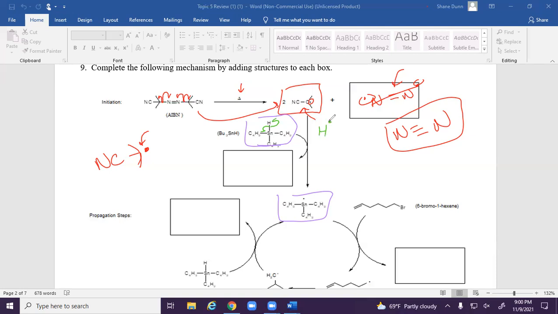What's a hydrogen radical want to bond to? The other radical we just had. So you'll form this guy. You'll form that. Does that make sense?